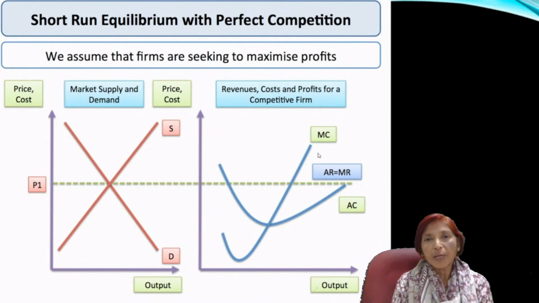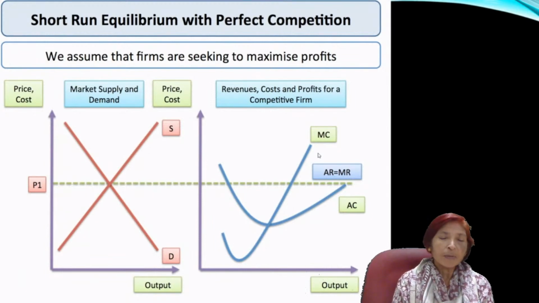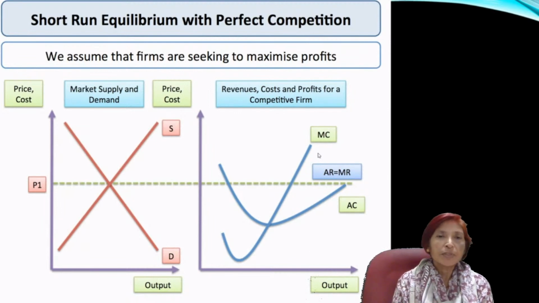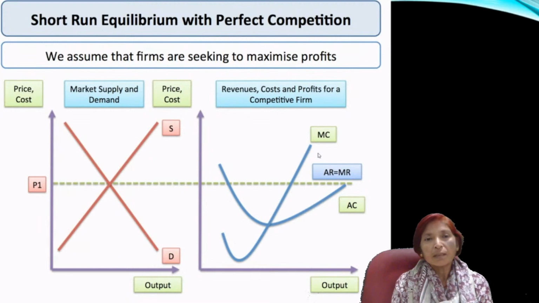This equilibrium price is taken over by perfectly competitive firms, so that average revenue equals marginal revenue. And in the short run, firms can earn abnormal profit, normal profit, and sometimes firms can bear losses also.